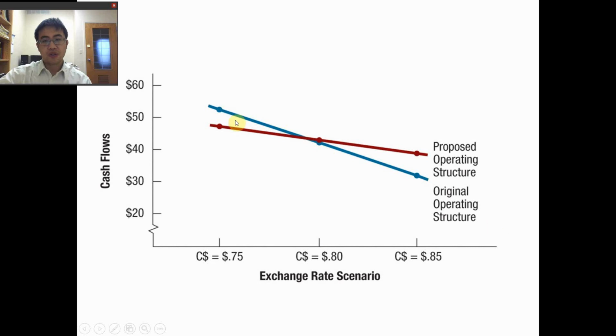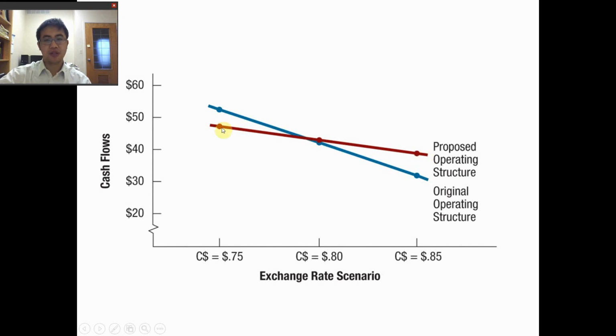The original structure is denoted by the downward sloping blue solid line, and you can see the slope is actually pretty steep. All right, and after we do the proposed structure, what you'll see here is after the cash flows in Canadian dollar are reduced by increasing sales and reducing the cost, there's less cash flow in Canadian dollar and less exposure in Canadian dollars.